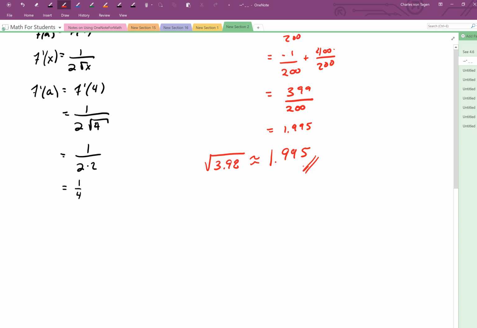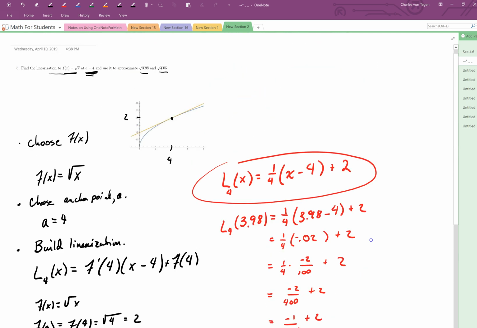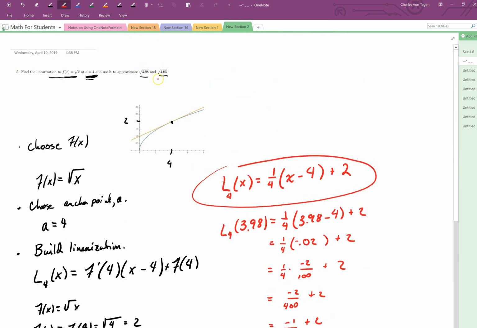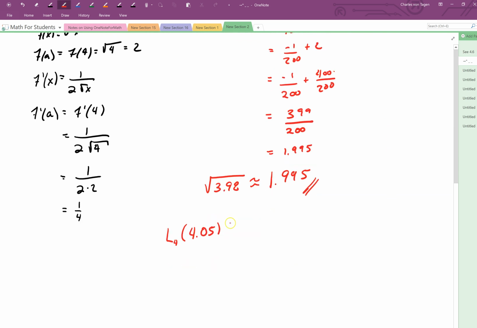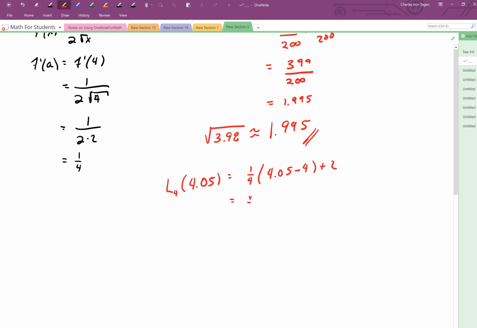Okay. So let's also now do the linearization for 4.05, which was the second point we were asked to look at. Okay. So we did 3.98 and 4.05. So if we plug this in, we get 1/4 times 4.05 minus 4 plus 2, which is equal to 1/4 times 0.05 plus 2.